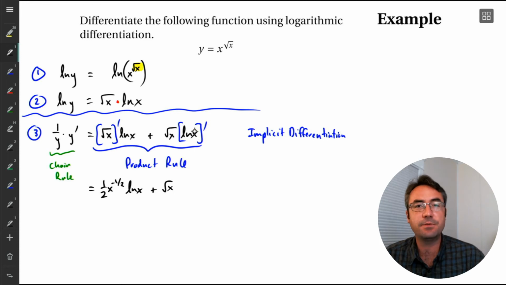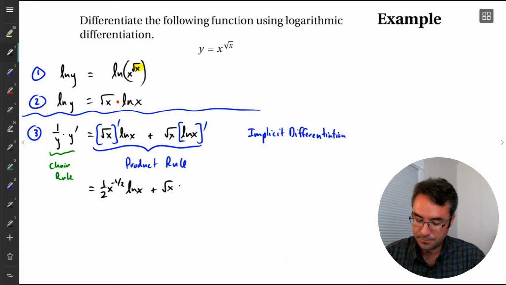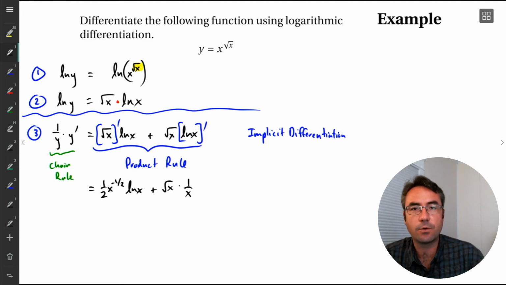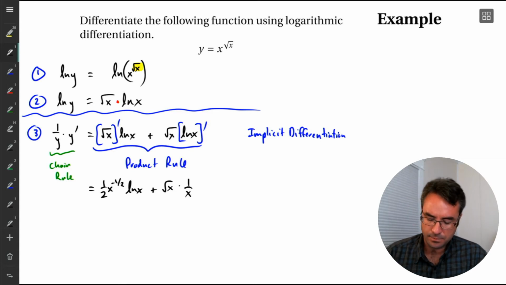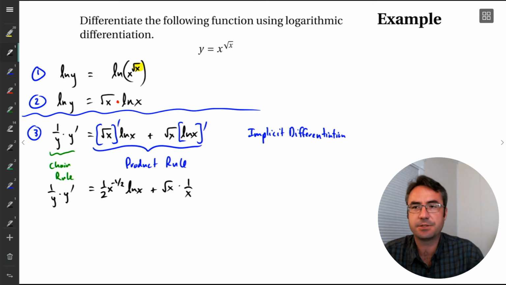And then derivative of natural log x is 1 over x. So we just fill that in. And over on the right side, we haven't done anything over there, so that's still 1 over y times y prime. And that's it with the differentiation.